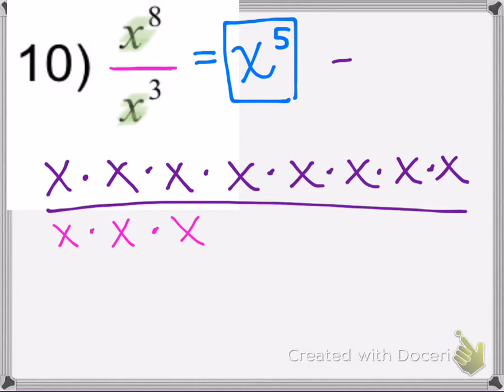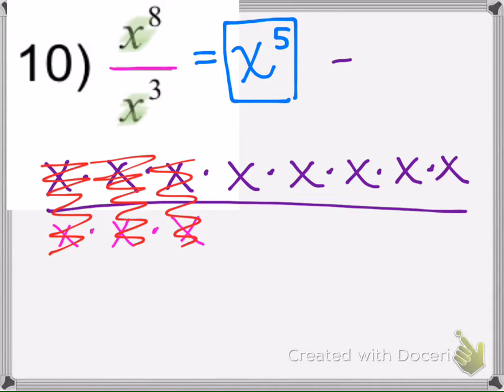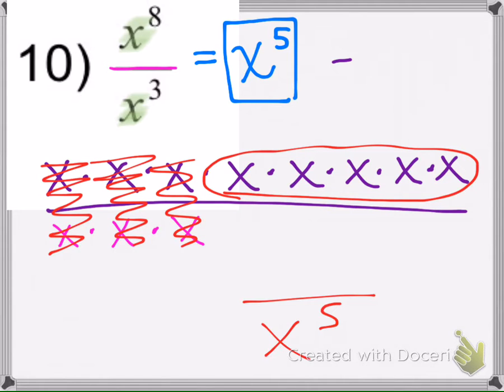So I have 8 x's being multiplied on the top, I have 3 in the denominator, and this is going to cancel out because it makes 1, this is going to cancel out because it makes 1, this is going to cancel out, and you'll see that there's 5 and they're on the top. So they're not going to be like this. That's why it's just x to the 5th. It's in the numerator. There's nothing in the denominator.